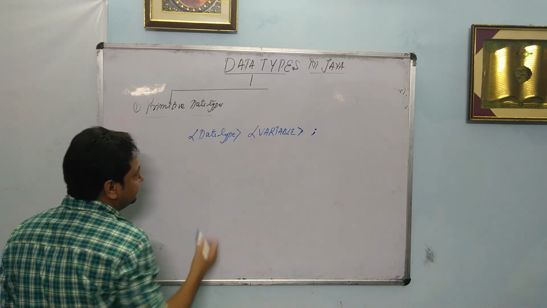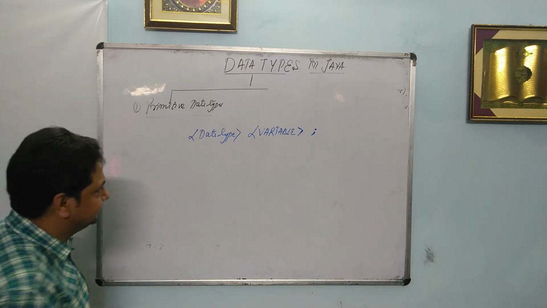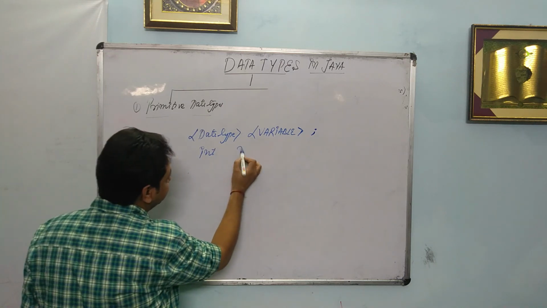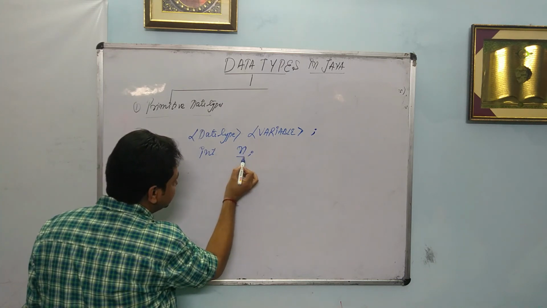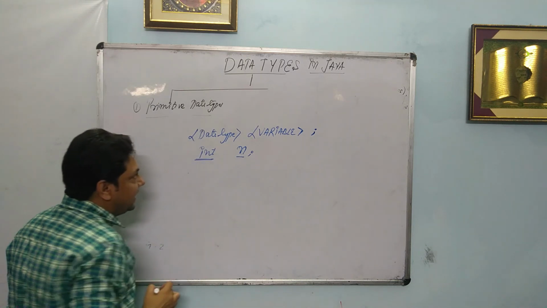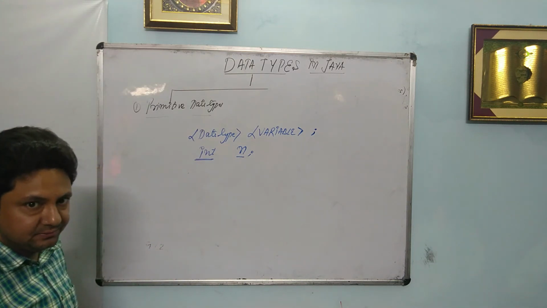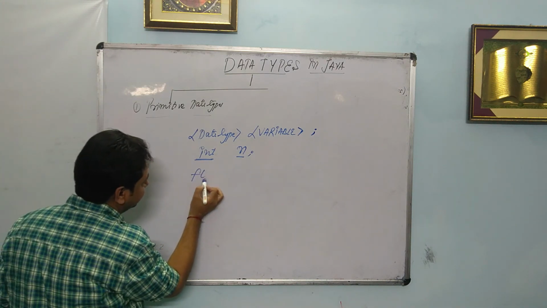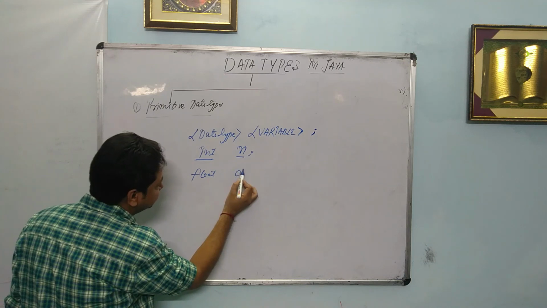So data type may be of any. Suppose int n. Now this is a variable and this is a data type. Now n is a variable, can take any integer value. Float d.